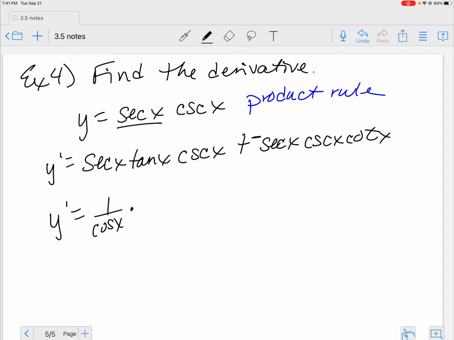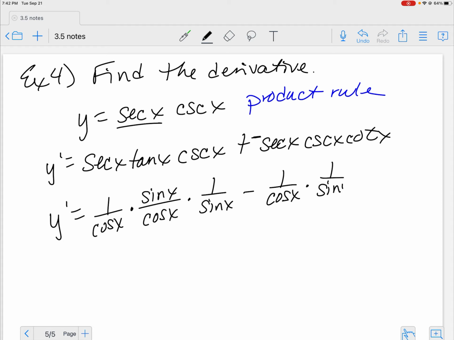This is 1 over cosine. This is sine over cosine. And this is 1 over sine. Minus 1 over cosine, 1 over sine, and cosine over sine, right?